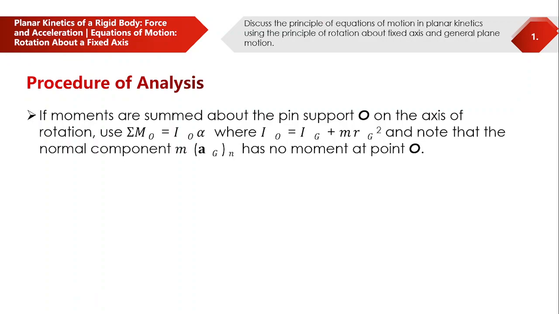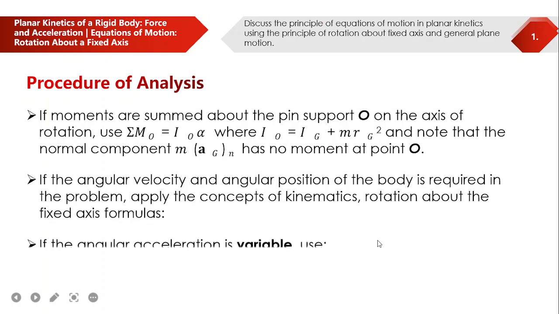That is what you note when summing moments at point O: there is no normal component, and I sub O is equal to I sub G plus m r sub G squared. This is derived from the parallel axis theorem we introduced last time.